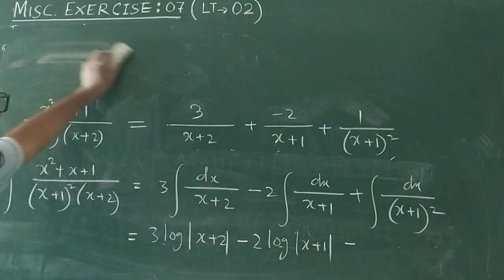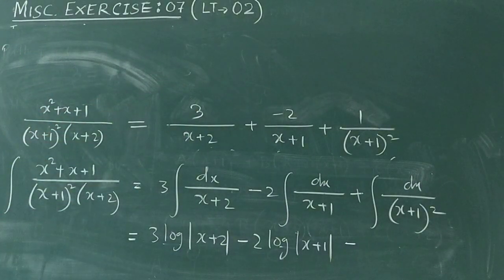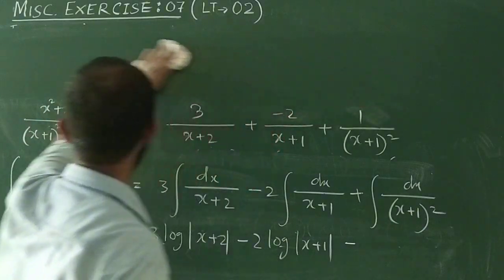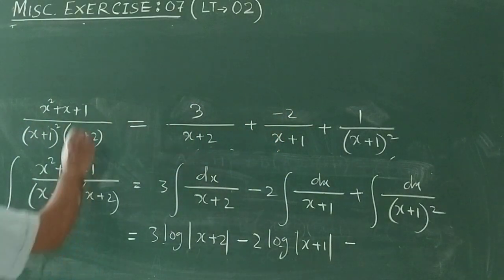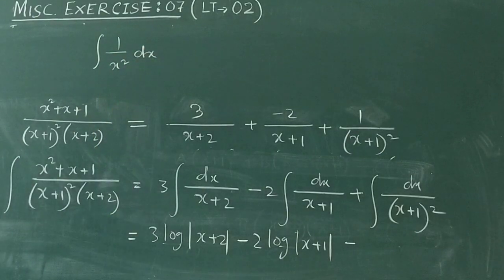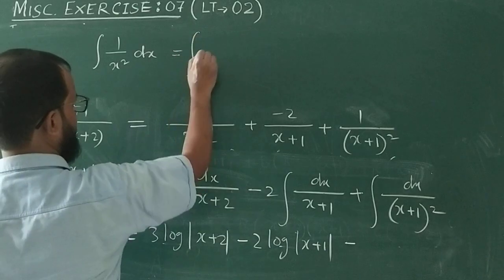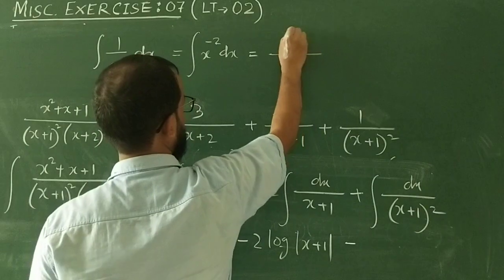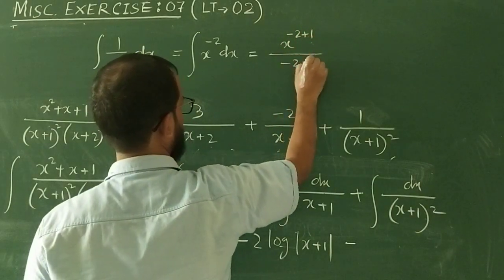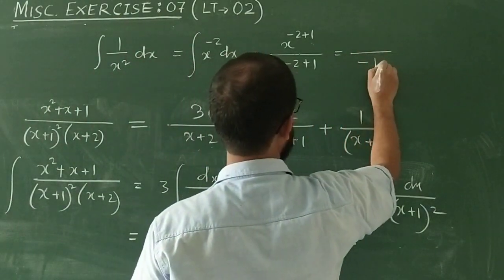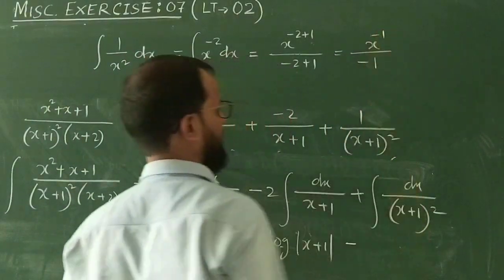Okay, let us take a simple example first. Then it will be very good for you to understand. Let us take, suppose, 1 by x square dx. What will be its integral? It will be x to the power minus 2 dx, and finally if you use the x to the power n formula, x to the power minus 2 plus 1 divided by minus 2 plus 1, below it is minus 1, and this will be x to the power minus 1.